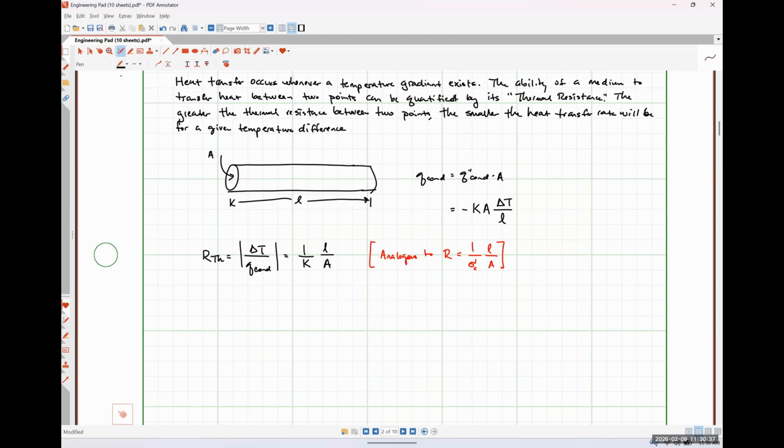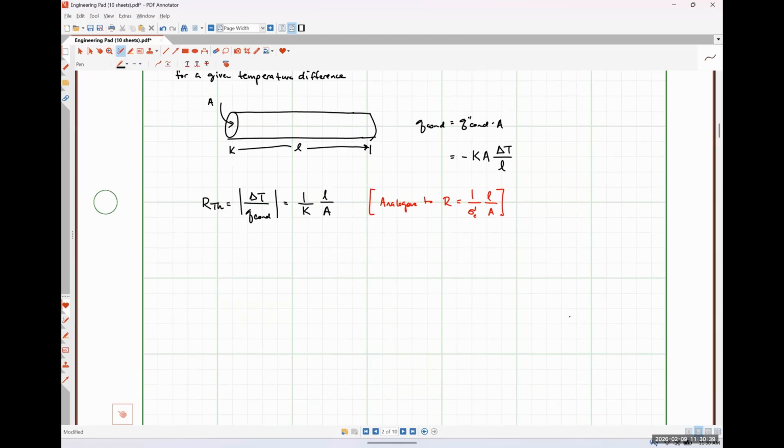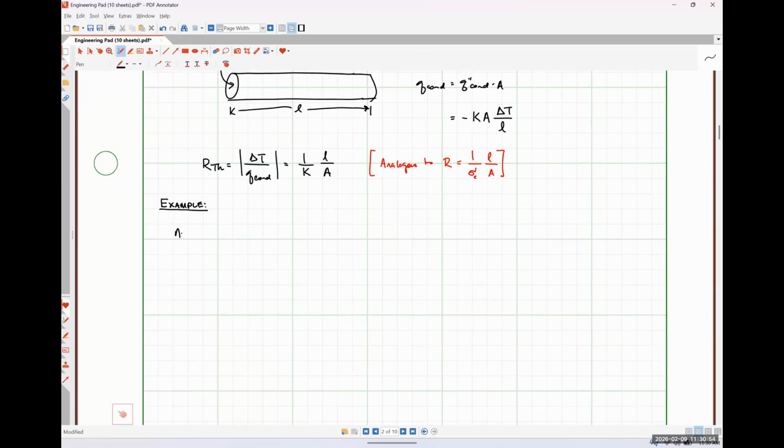So let's work an example using this concept. So let's say that we have a resistive ohmic heater.